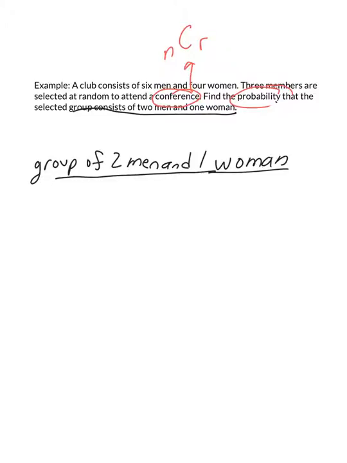In the denominator, we divide by the grand total, which is simply the total number of ways that you could pick any combination of 3 people. We're picking 3 members. So group of 3.